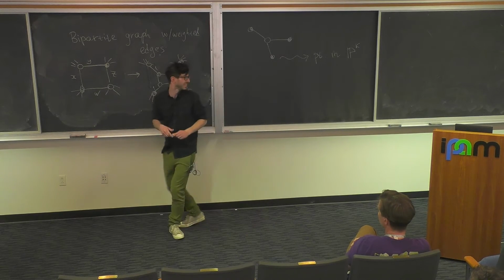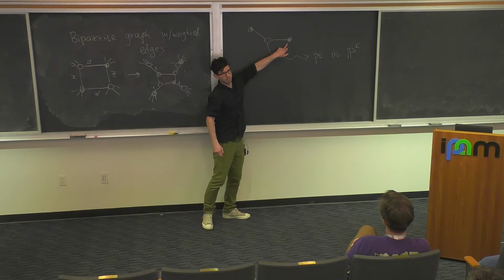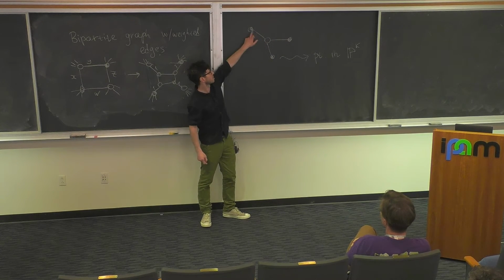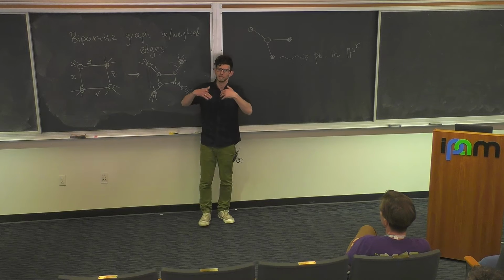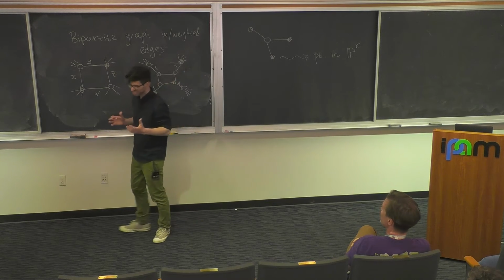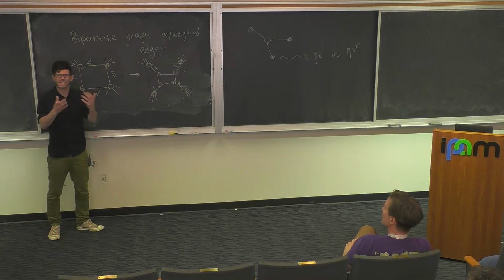The way you can identify them is you lift these points to vectors, and then the condition will be that these vectors satisfy a linear relation. You take the coefficients of that. This gives you weights on edges. These are not quite the same as these weights. These are what's called Castellane weights.